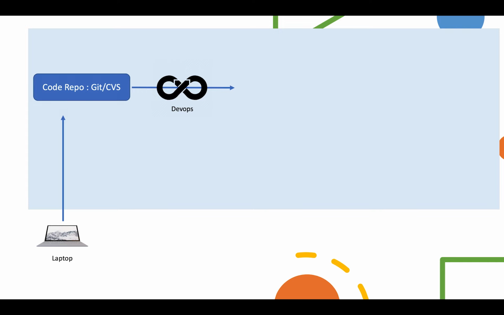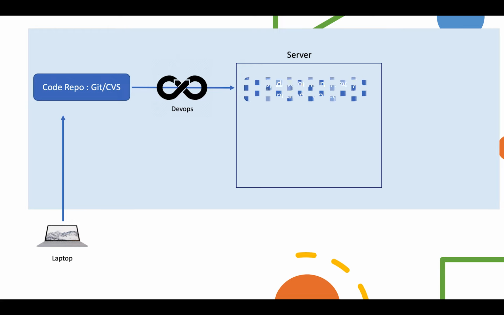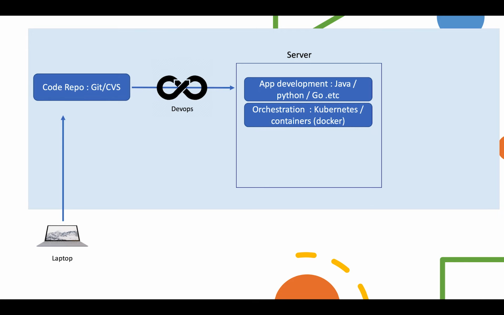And that goes to the server. On the server you can see applications built in Java, Python, Go, and so on and so forth. Those are sitting on containers. It's a packaging of the software where it sits and runs.